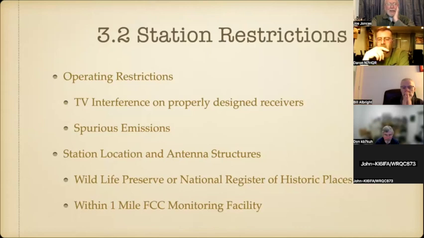The details are in the book. If you are within 1 mile of an FCC monitoring facility, you have to get permission to operate in that area. So you talk to those people and make sure that you're not interfering with their work.